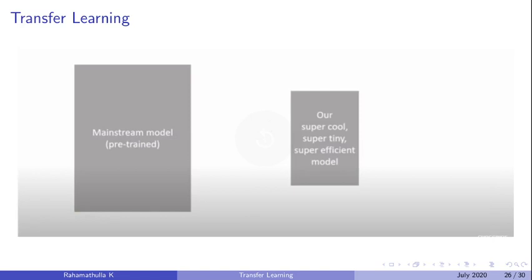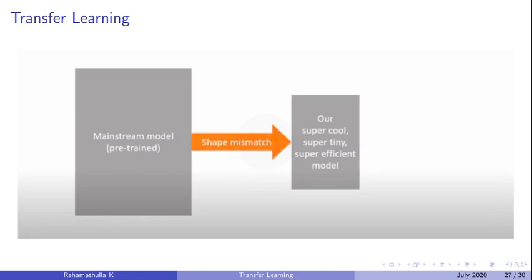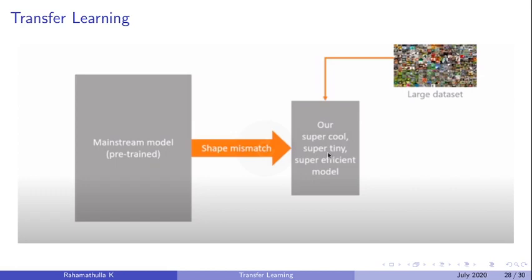Another limitation is shape mismatch of your model. You have a mainstream model which is pre-trained, but the model you would like to create is a small model, or the mainstream model may not fit into your system or your memory. You would like to create a small model, and run it on a very large data set, something like that.